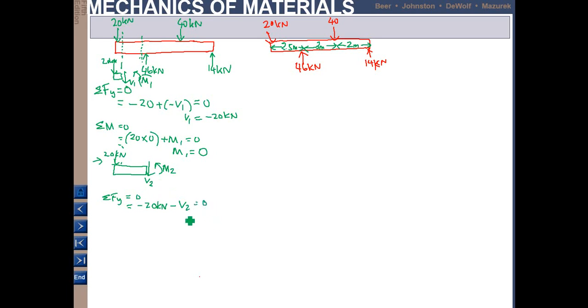So it should be equal to 0. So V2 we get is equal to 0. Oh no, V2 is equal to 20 kilonewton. Sorry, 20 kilonewton.